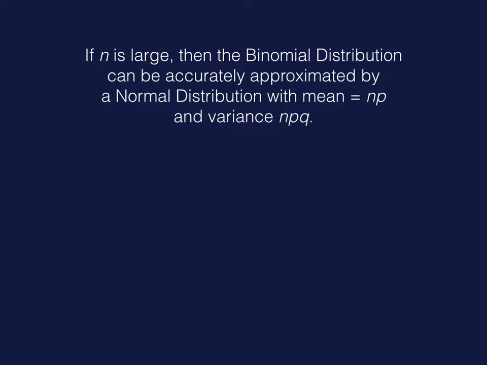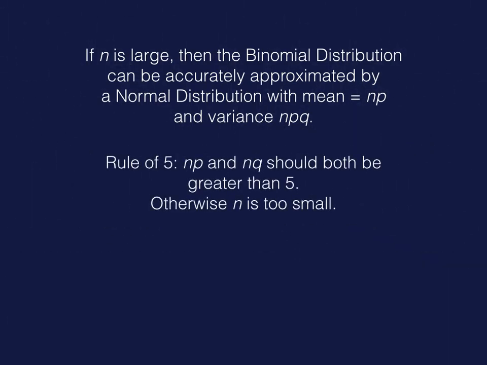So you might be asking yourself, what is large? I mean, it says if n is large. Well, there's a rule of thumb that n should be big enough that n times p and n times q should both be at least 5. If you don't have this, then n is definitely too small.